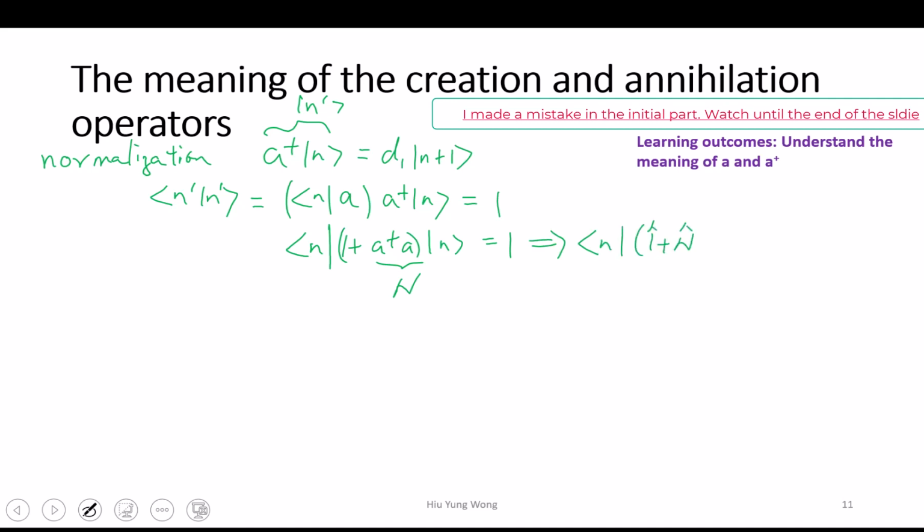They are all operators on n. But when you apply 1 plus n to n, what do you get? You apply first 1 to n, what do you get? n. 1 times n. And then you apply n to n, what do you get? n times n, right? So this becomes n, 1 plus n.